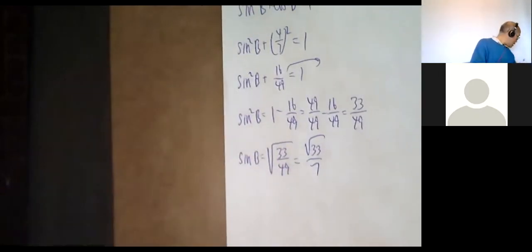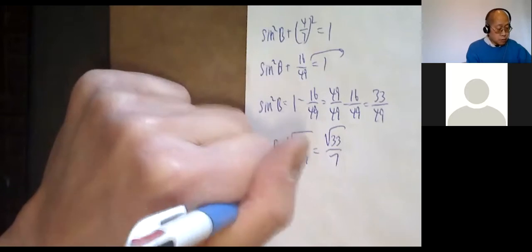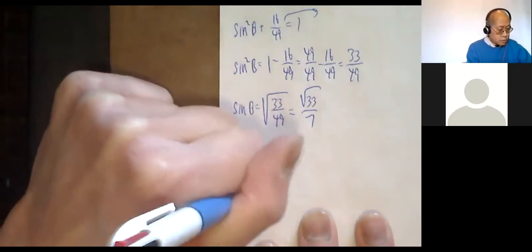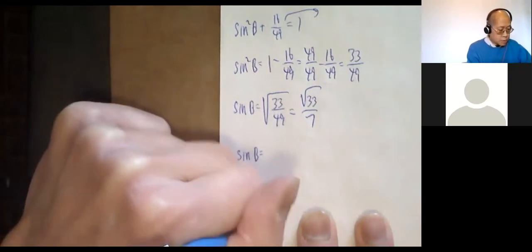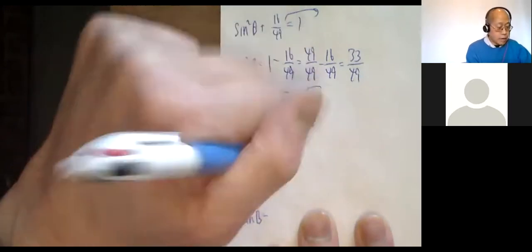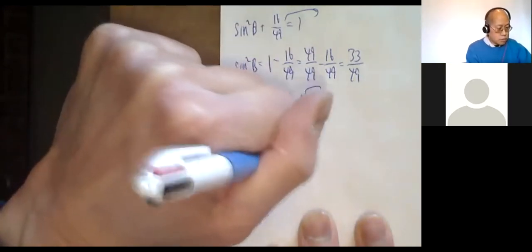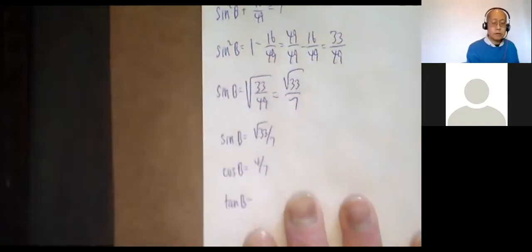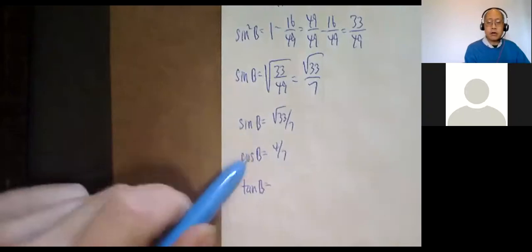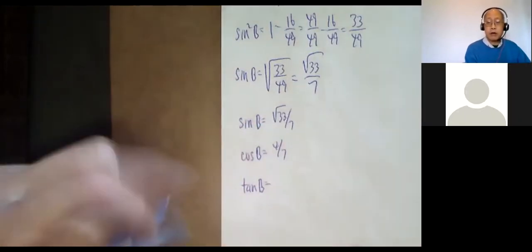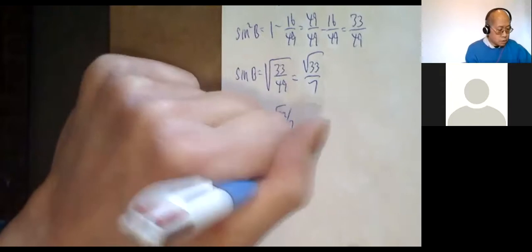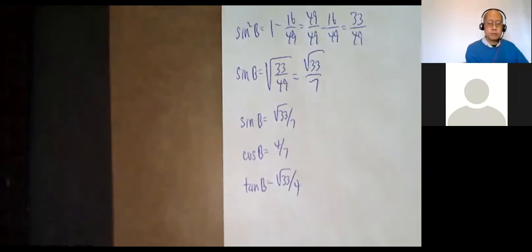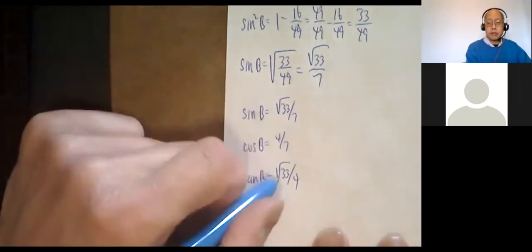It says make a table, so all 6 trig functions. So I'll do sine B, cosine B, tangent B. Radical 33/7. Cosine was 4/7. Tangent is sine over cosine. We know the way the game works. Radical 33/4, just forget about the 7s. And now we know what to do here.